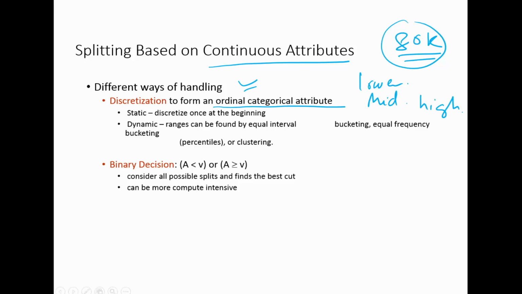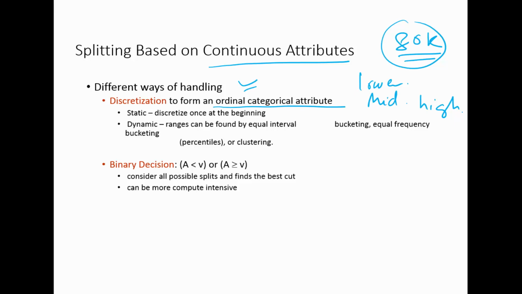You can have more classes also: lower class, lower middle class, middle class, higher middle class, and higher class. You can have as many as you like, but just take the one that maximizes your classification chances.